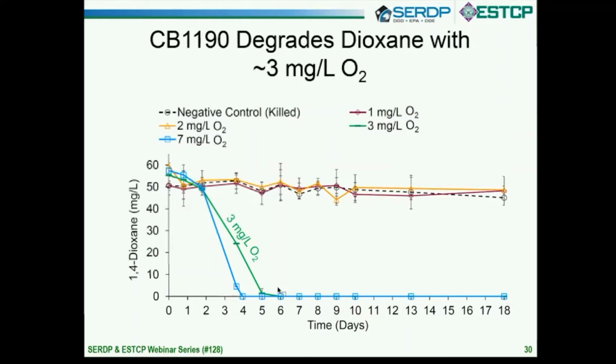This specific plot shows high concentration, 50 ppm, but in the presence of solvents, anaerobic incubation, all kinds of things. So you don't need saturation, you don't need high 7 or more milligram per liter dissolved oxygen to achieve aerobic dioxane degradation by CB1190.